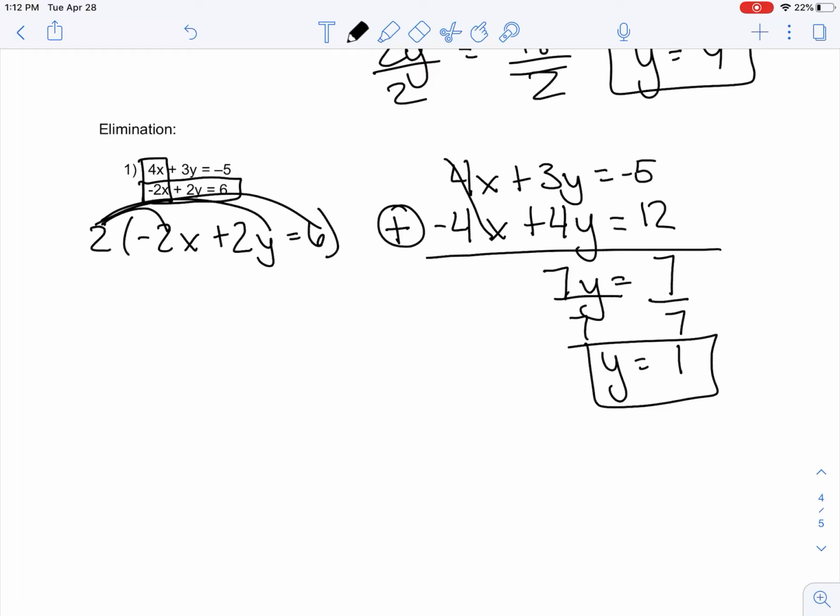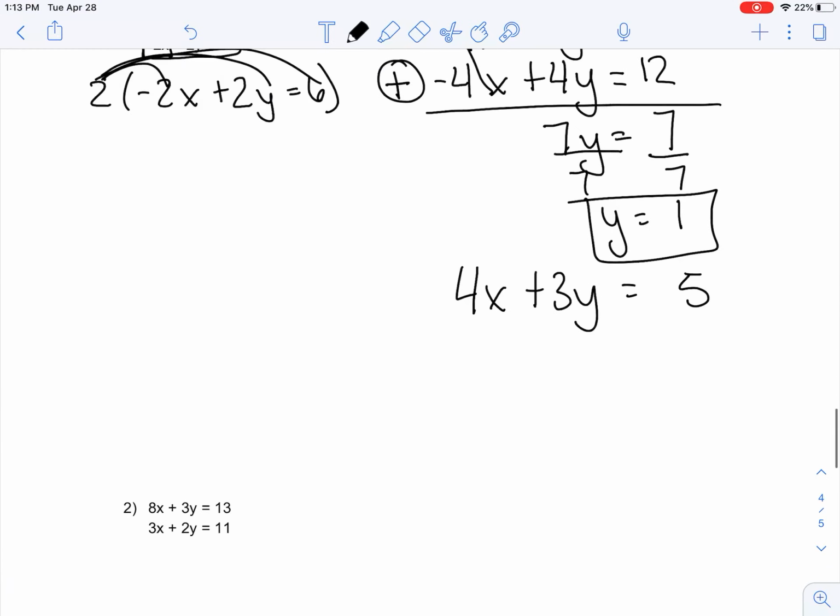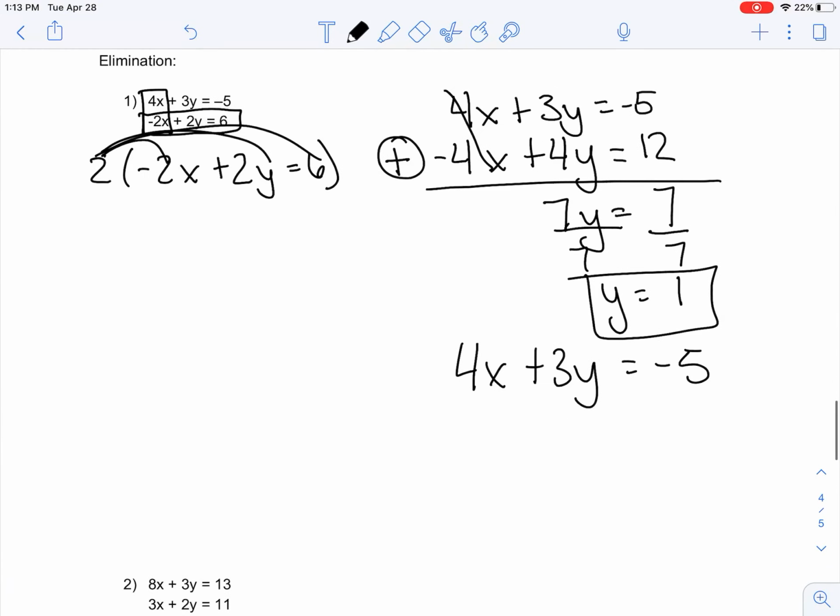Then, just like with substitution, we're substituting that 1 back in for y to solve for x. So 4x plus 3y equals negative 5. 4x plus 3 times 1 equals negative 5. 4x plus 3 equals negative 5.